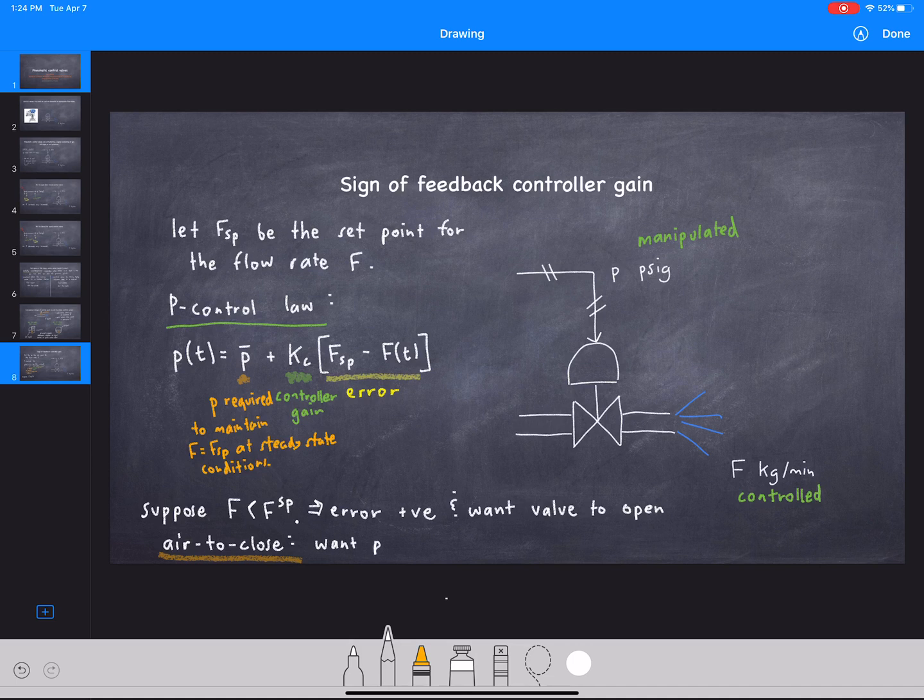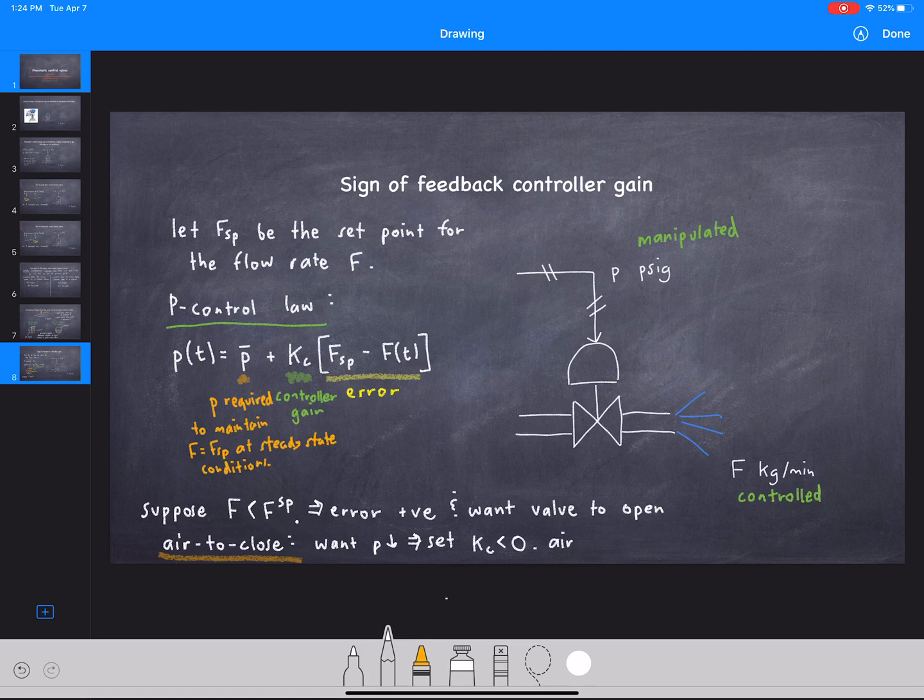We want the pressure to go down. And in order for the pressure to go down for an air to close valve, what we want to do is set Kc to be less than 0. That way, when the error is positive, P will decrease.